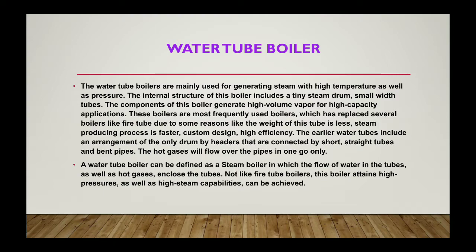So the fire tube boiler cannot produce high pressure steam, and its efficiency is lower than the water tube boiler. So it is preferable to use the water tube boiler in case of large industrial processes as well as for thermal power stations.